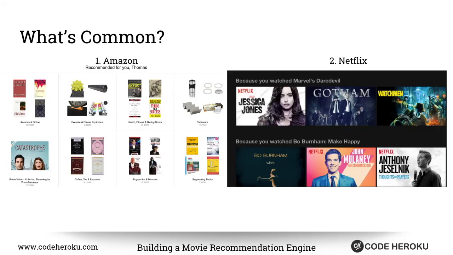Now this could be based on their past behavior on their platforms, or it could be based on users who have a similar profile to this given user, and they would recommend things which your friends like, or something like that. So both of these images are very popular examples of how recommendation systems are used in the real world. They are pretty much used everywhere.